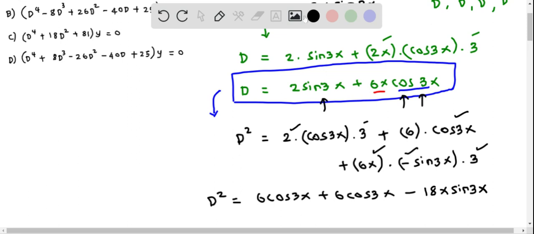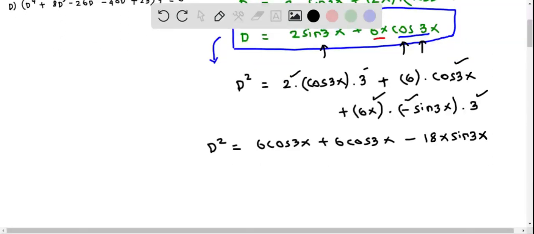We can simplify this further by adding the two like terms, 6 cos 3x plus 6 cos 3x, which is 12 cos 3x. So we have D2 equals 12 cos 3x minus 18x sine 3x.